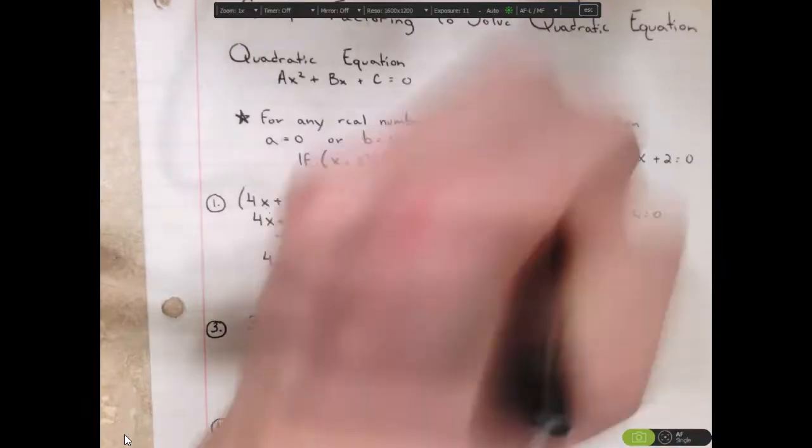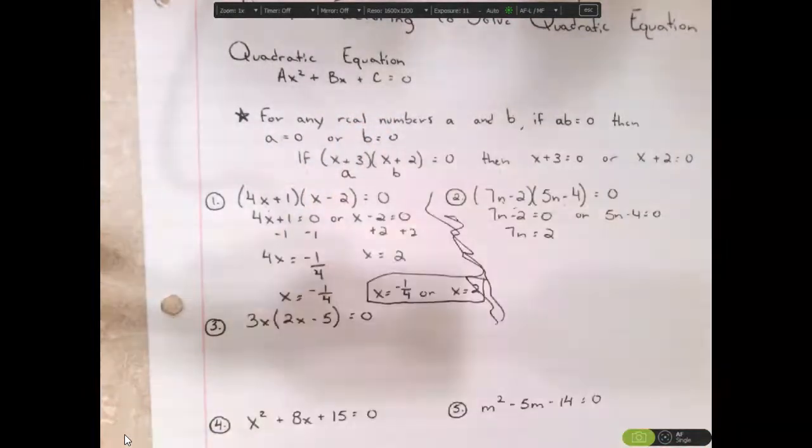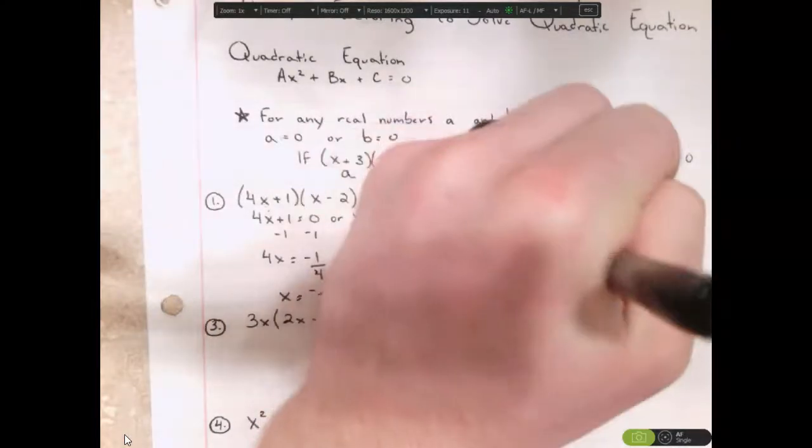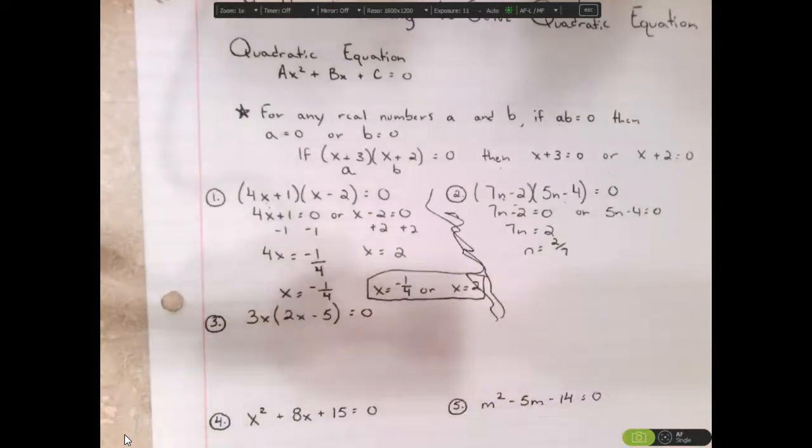And then I can go through and solve. So on the left, if I add 2, I have 7n is equal to 2. I divide by 7. So n is equal to 2/7. On the right-hand side, I go through this one.